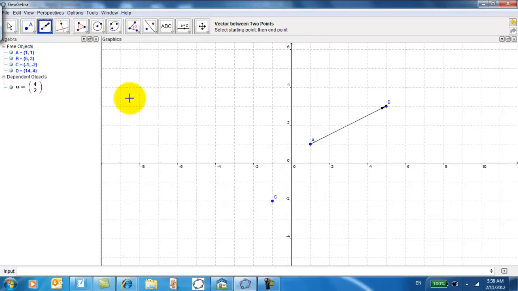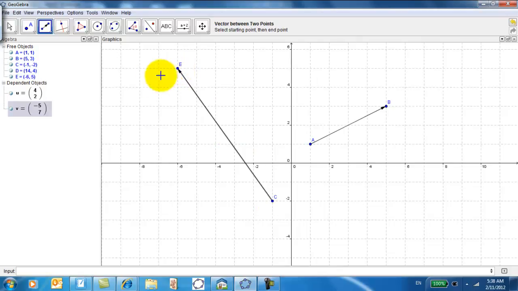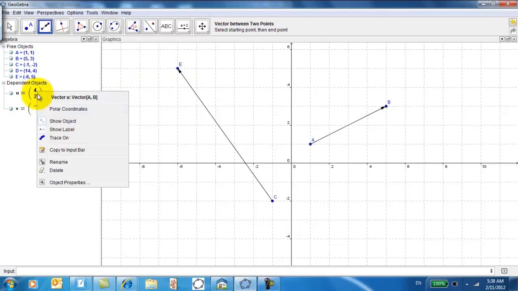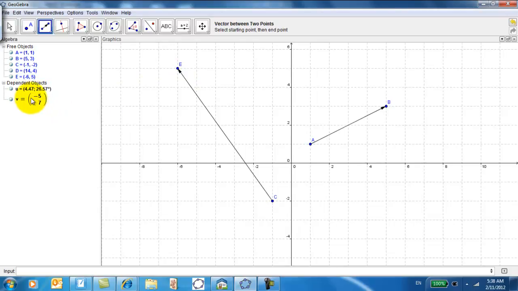We're making vectors. There we go. Does that look perpendicular, folks? Well, we can check it this way. We can look at their polar coordinates again and see if we are 90 degrees out of sync. Not quite. Let's adjust this until we get them to be 90.